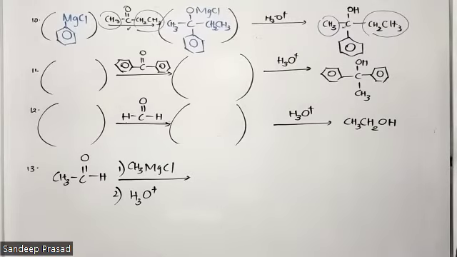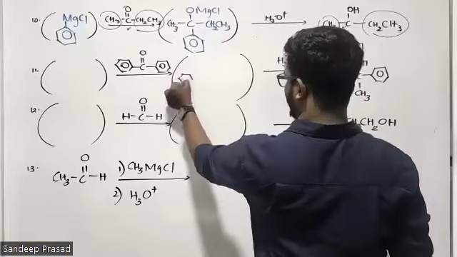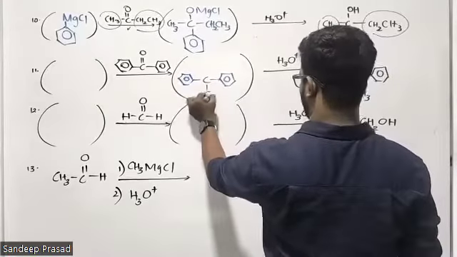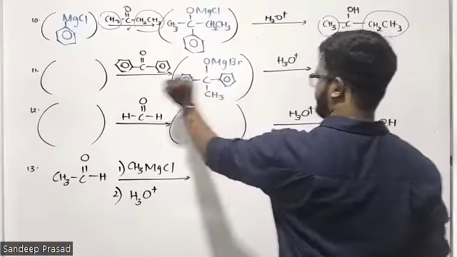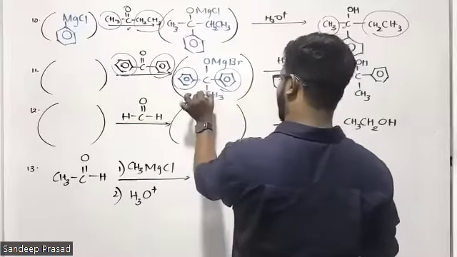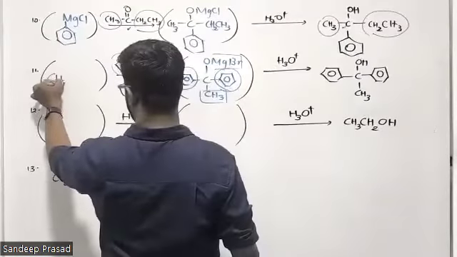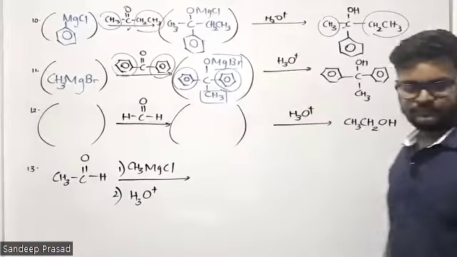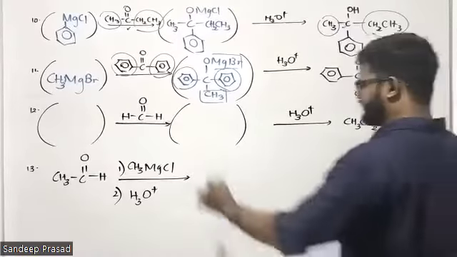Number 11. Easy. Here also we have to identify what the Grignard reagent is, and see how easy these things are. OMgBr, and two phenyl groups are there. Then the Grignard reagent is CH3MgBr. CH3MgBr is the Grignard reagent. Number 12 is easy.